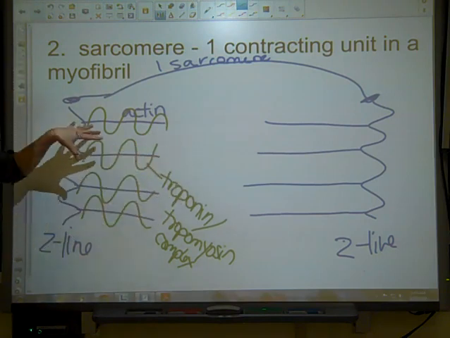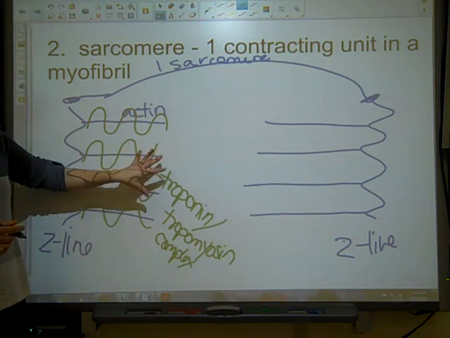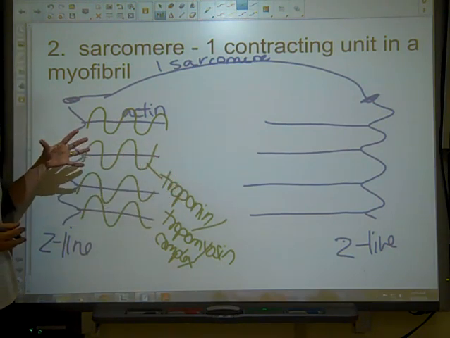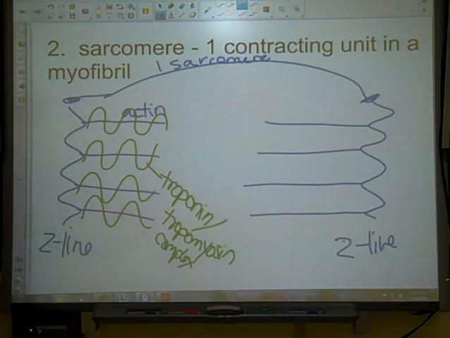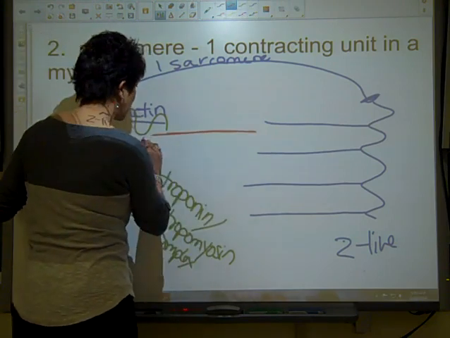That wraps around the actin, sort of prevents it from being attached to. So this Troponin Tropomyosin complex is going to have to move out of the way in order for this muscle to contract.